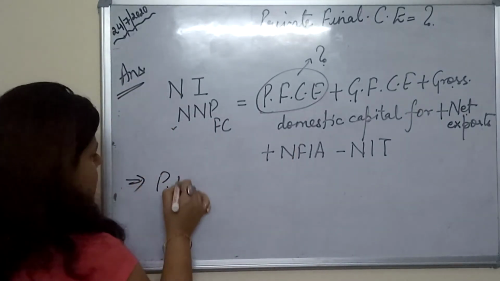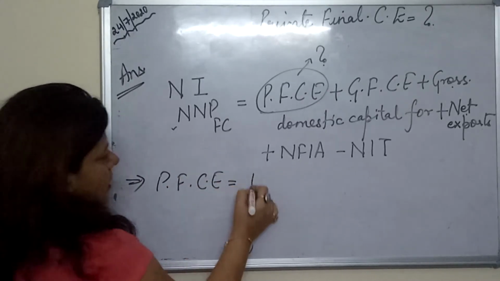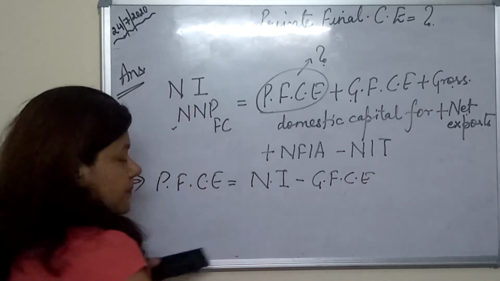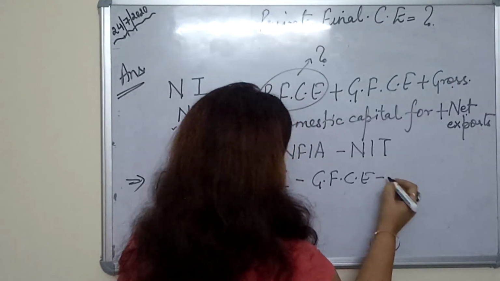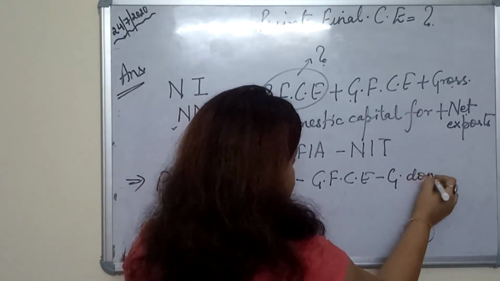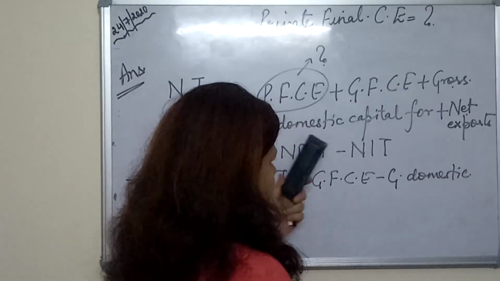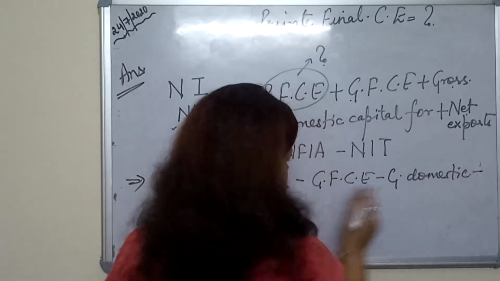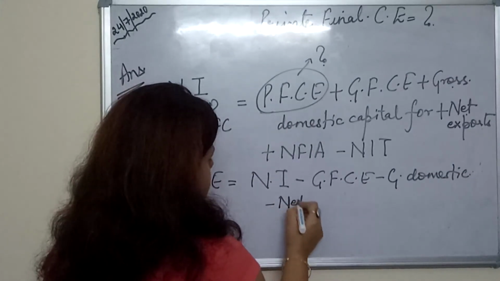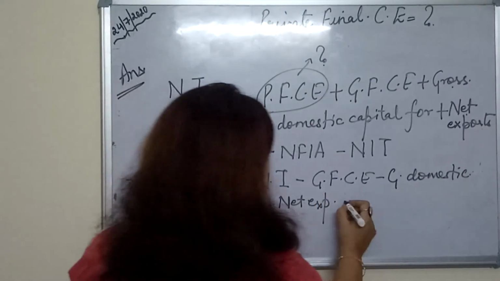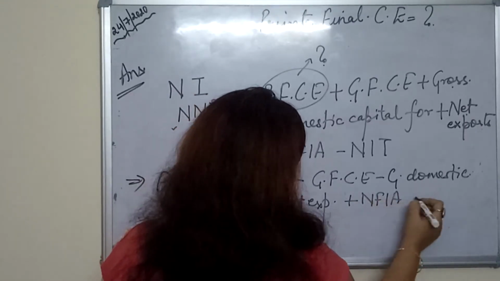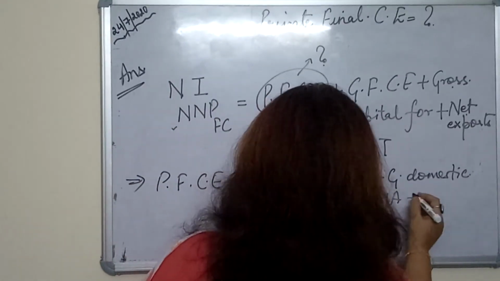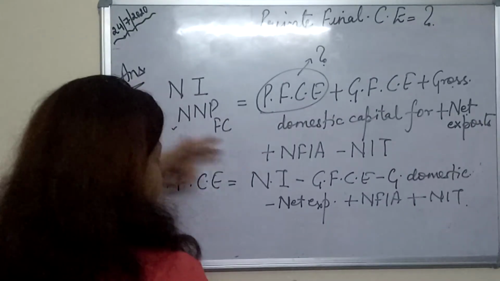Then the formula comes: private final consumption expenditure is equal to national income minus government final consumption expenditure minus gross domestic capital formation, if fixed and change in stock is given, so both will be deducted here, plus the net imports, okay? And we will minus the NFIA, plus NIT.